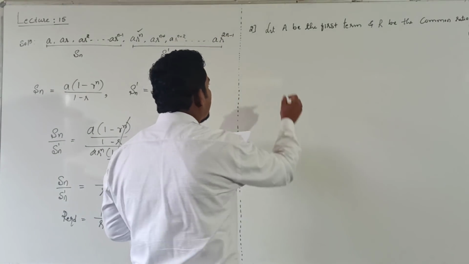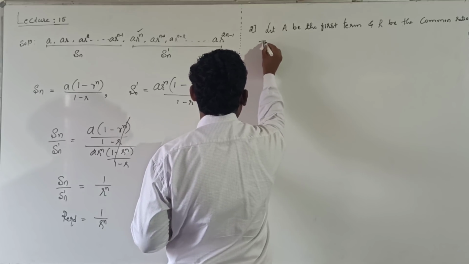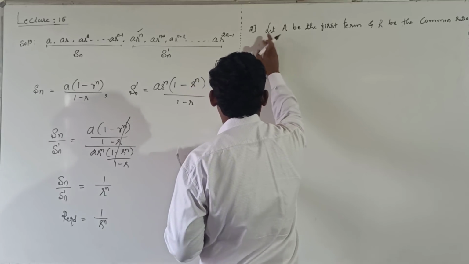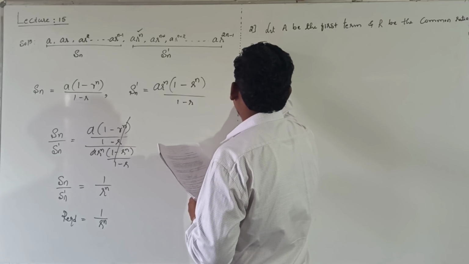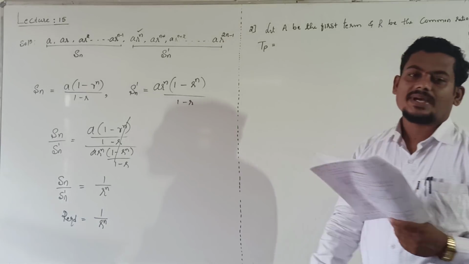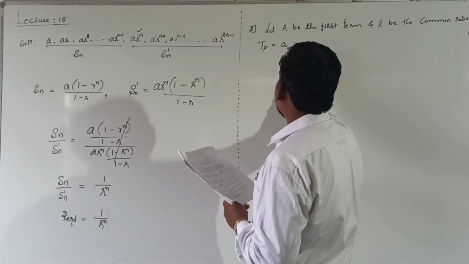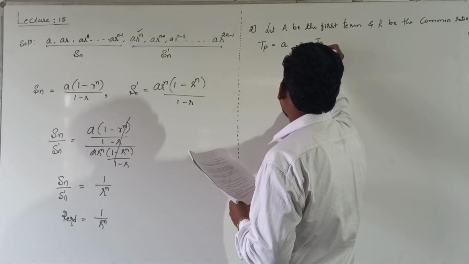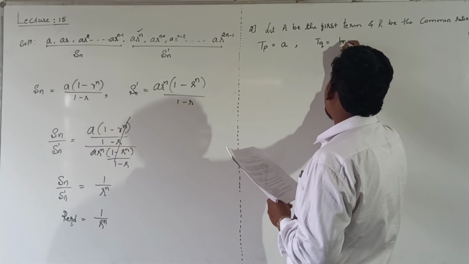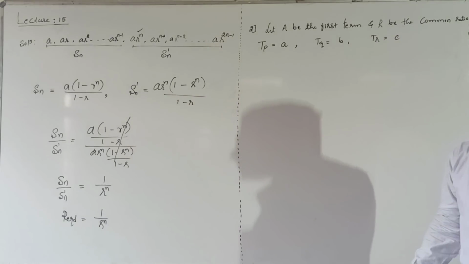And they have given the pth term, that is TP. TP is equal to small a, TQ is equal to small b and TR is equal to small c.